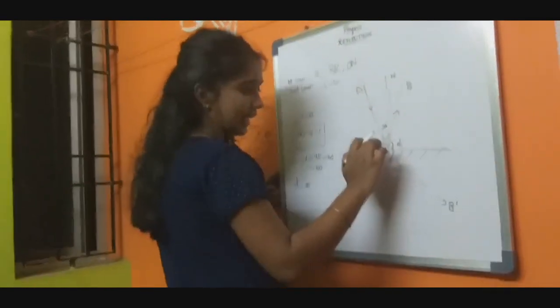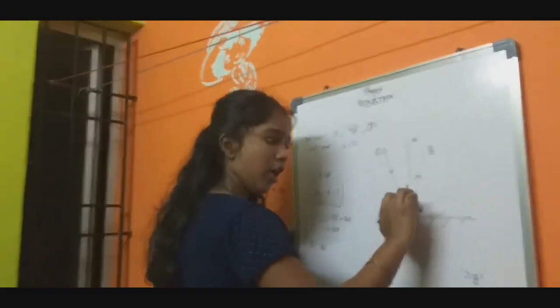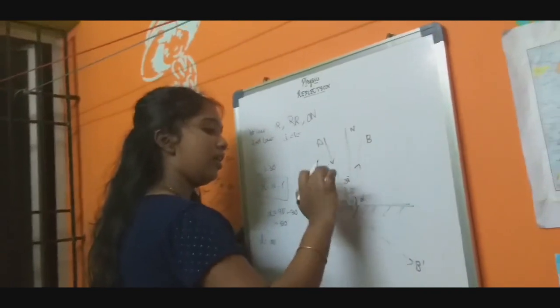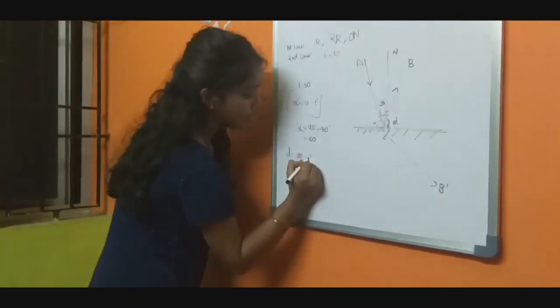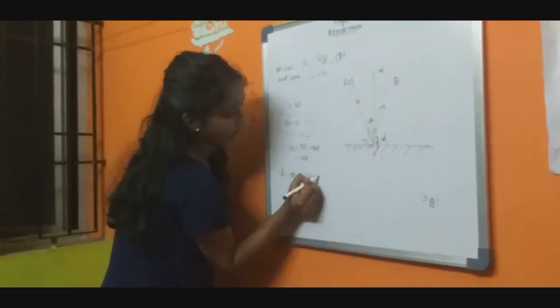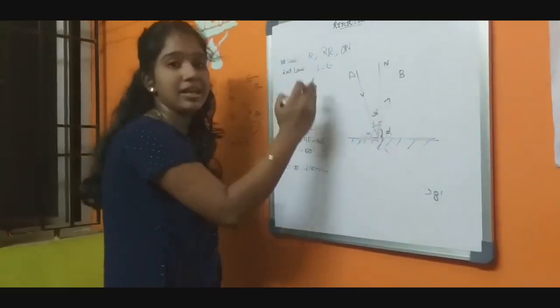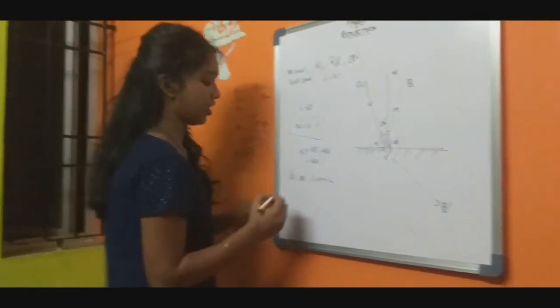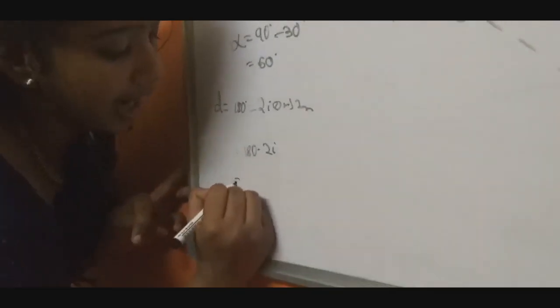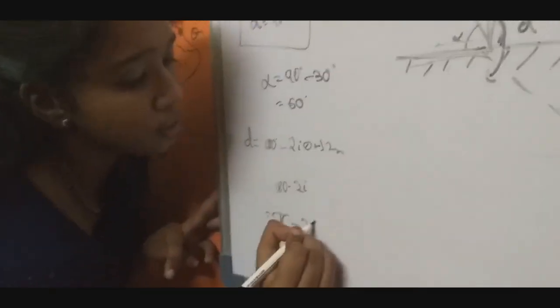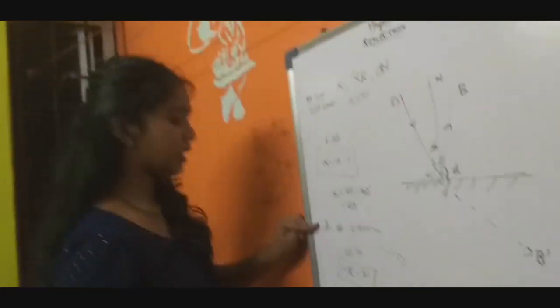So we can consider I as R or R as I, so 2I or 2R. So 180 minus 2I. This is our formula.